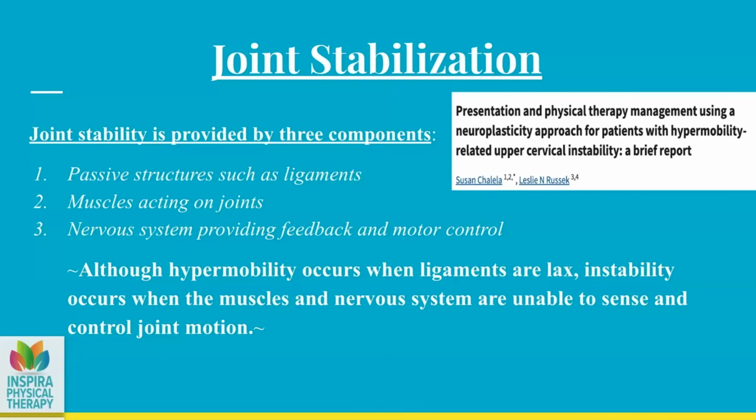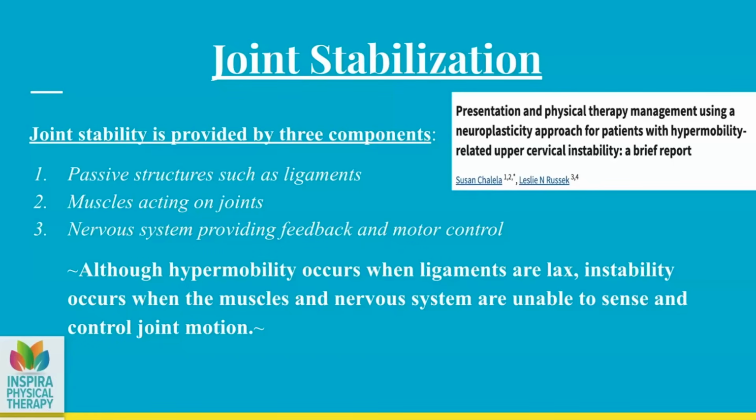Or you could have a hypermobile professional dancer, say for example, who is certainly hypermobile, has a ligamentous laxity, but has muscle mass and tone, as well as nervous system control of the joint motion. And they are less symptomatic, experience less pain.